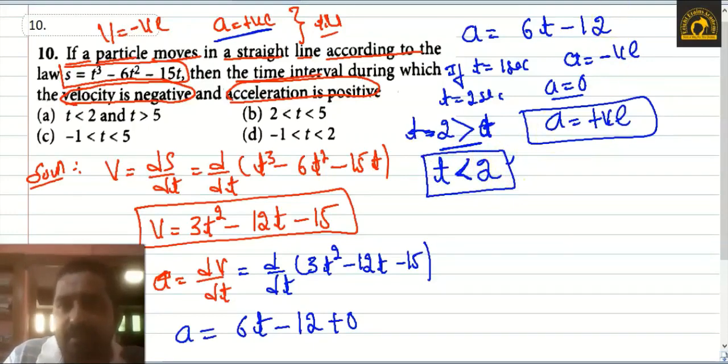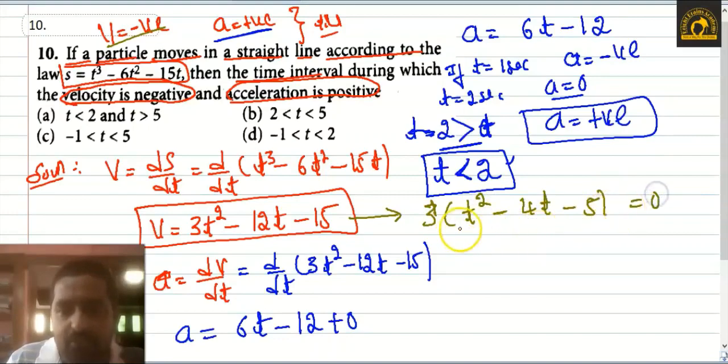Then the second one. Velocity is negative, and this is the velocity equation. In this equation, you have to take 3 as common. The remaining is t square minus 4t minus 5 equal to 0.